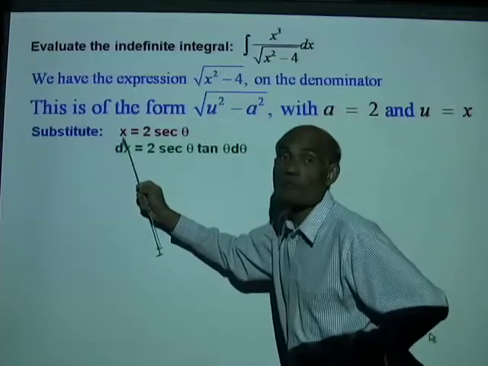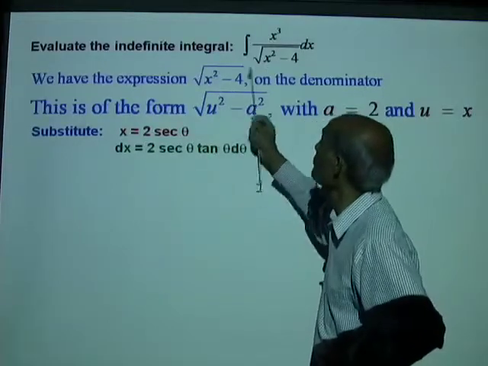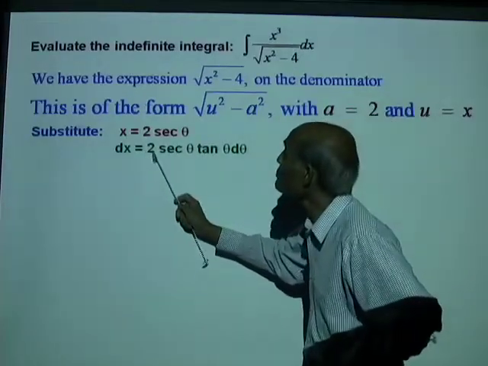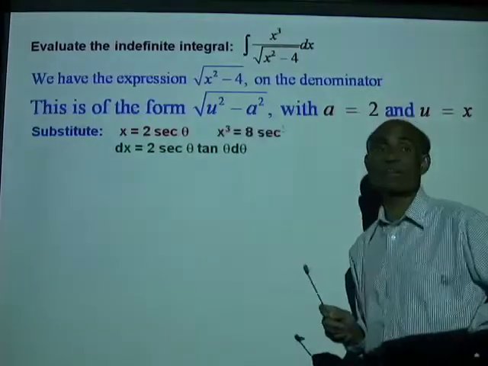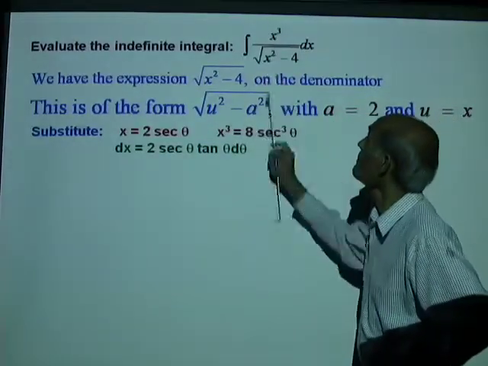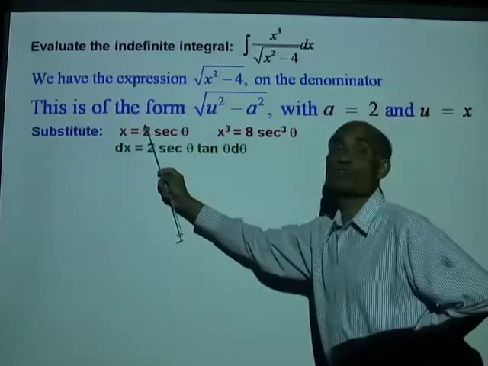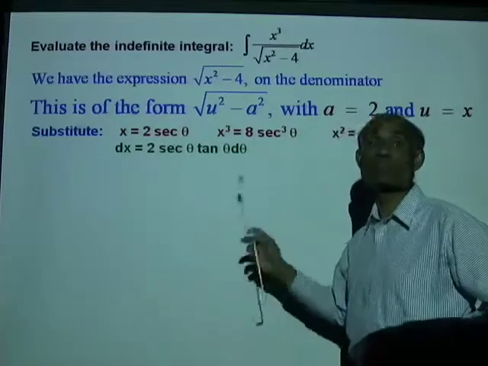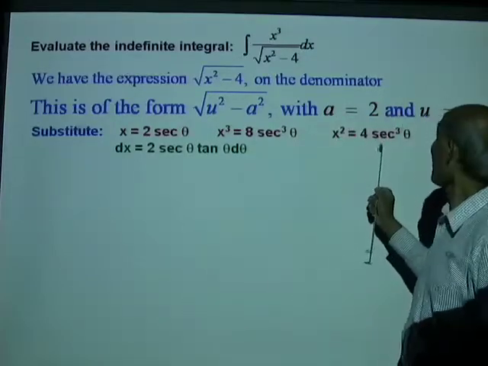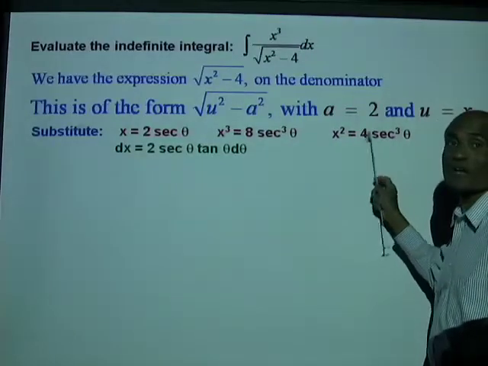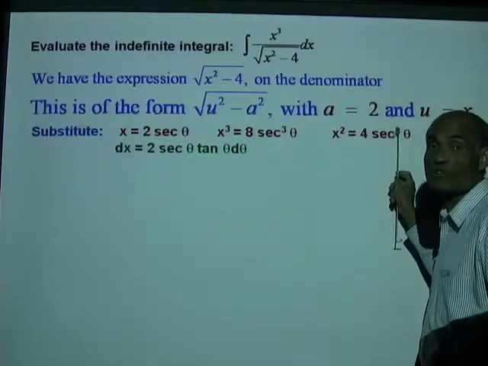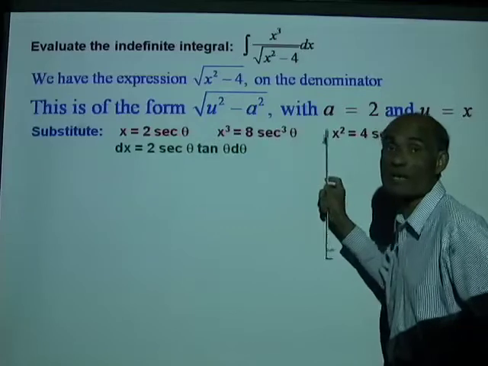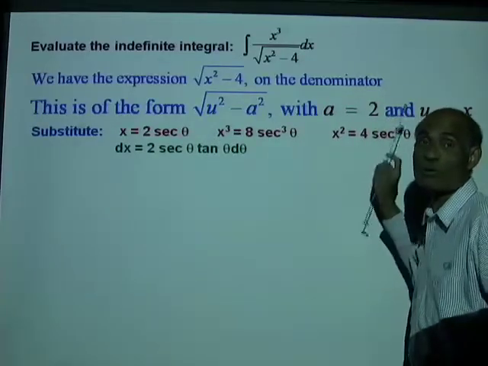So when you substitute x equal to 2 secant theta, our dx becomes 2 secant theta tan theta d theta, and x cubed becomes 8 secant cube theta, the cube of this quantity. There you have. Now there's a small printing error here. X squared is 4 secant squared theta, not secant cube. X cubed is 8 secant cube theta. X squared is 4 secant squared theta.